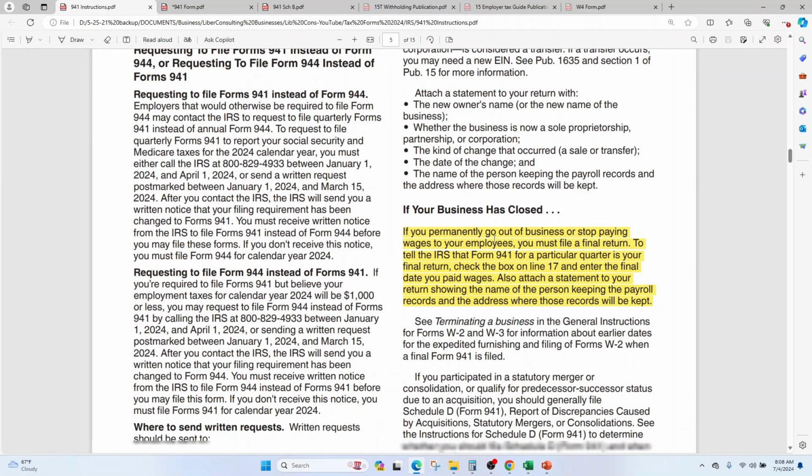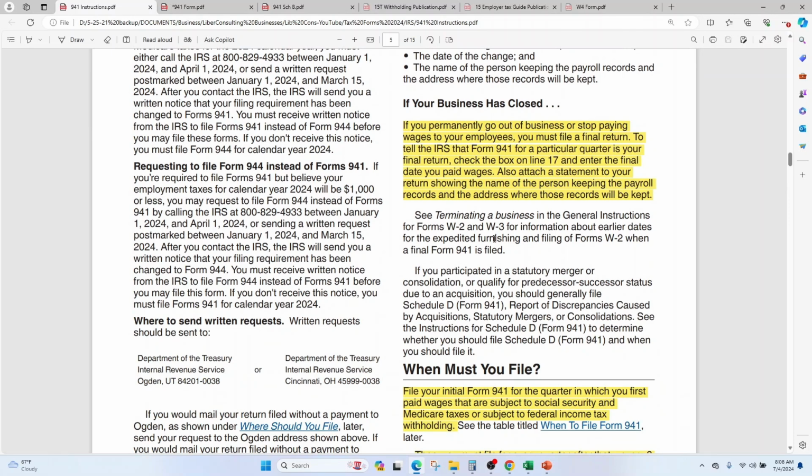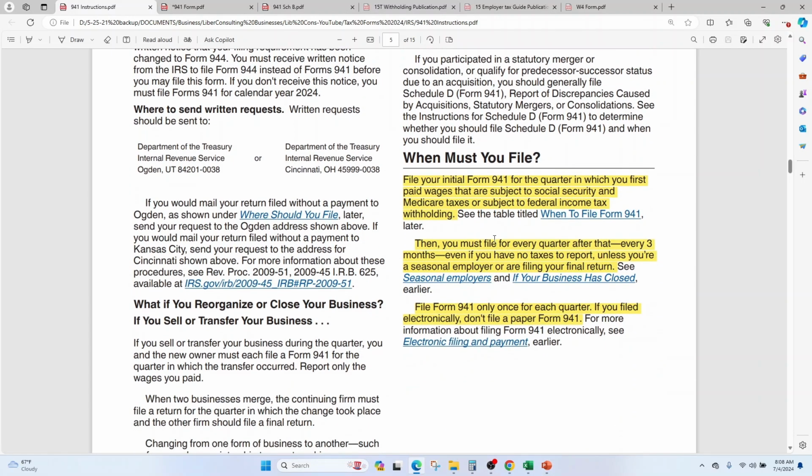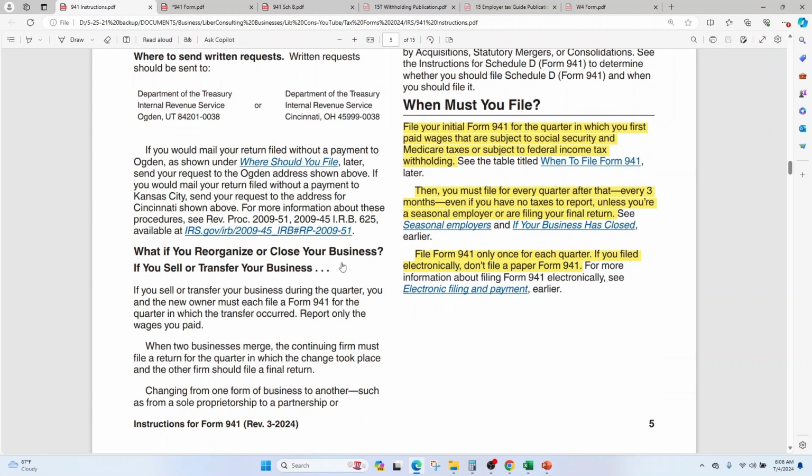It was on page 5, and that talks about transfers and when you sold the business and all that as well. So if you sell or transfer your business during the quarter, you and the new owner must each file a Form 941 for the quarter in which the transfer occurred. Report only the wages you paid.